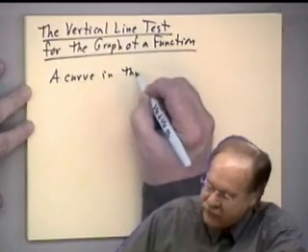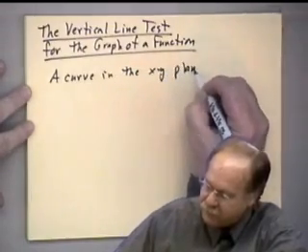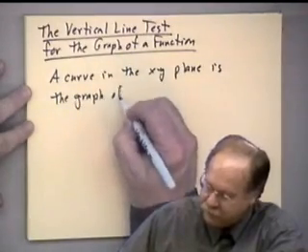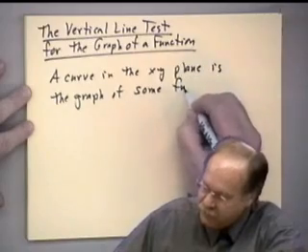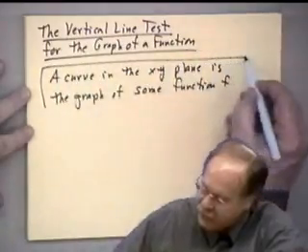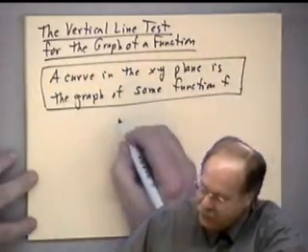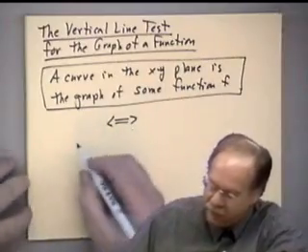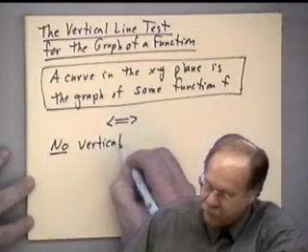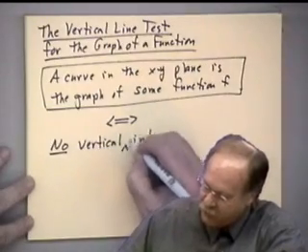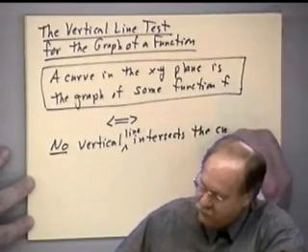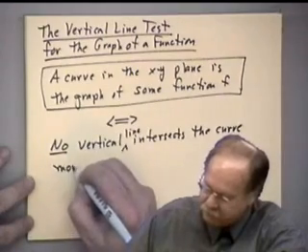A curve in the xy plane is the graph of some function, say we'll call it f, if and only if, we use a double arrow here, I'll come back and mark that in a second, if and only if no vertical line intersects the curve more than once.